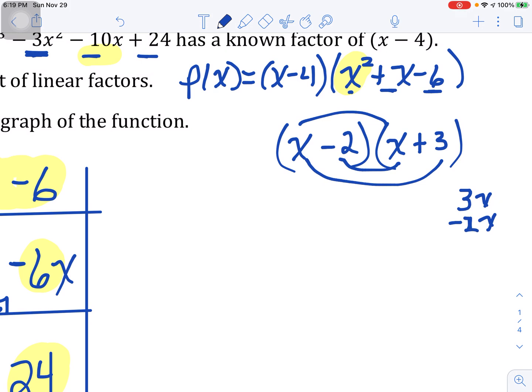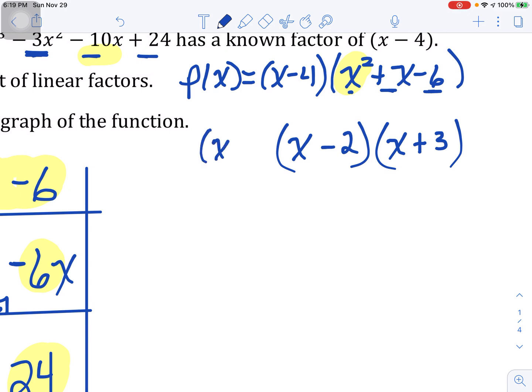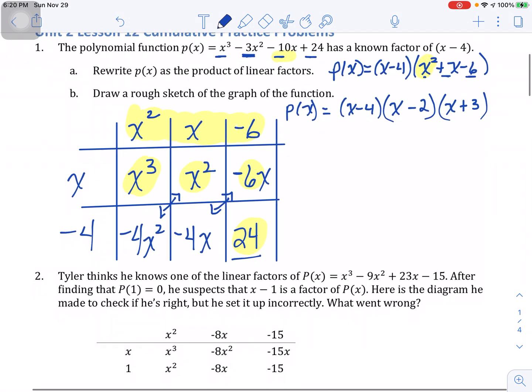So this is a 2. So when I combine those, I get the 1x, and then the last times the last gives me a negative 6. So I have x minus 2 times x plus 3, and I can add that to the linear factor that I already knew, and my function p of x becomes those 3 factors. They're all linear, and so I'm done.